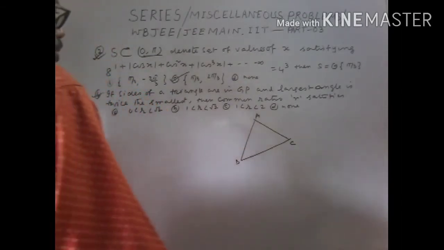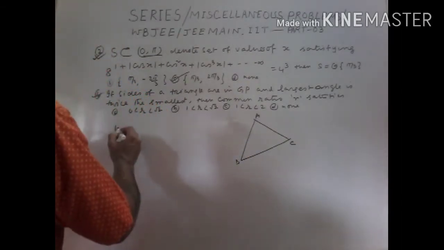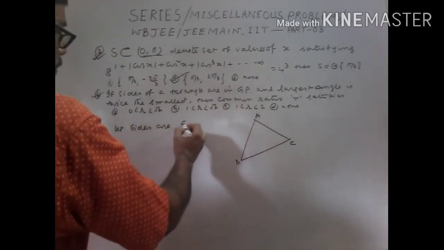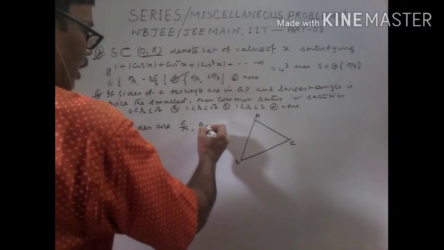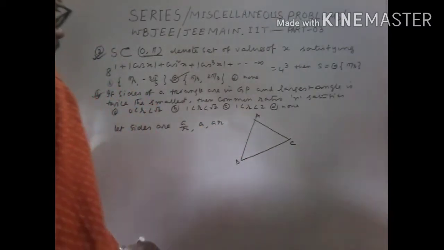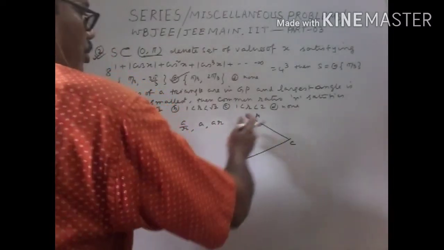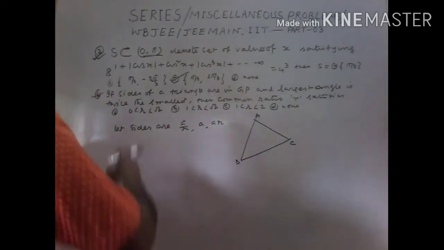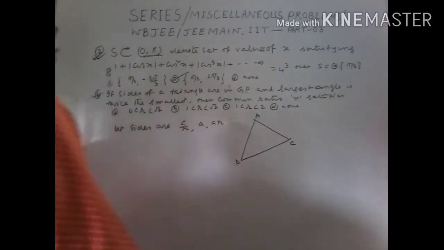Let the sides of triangle ABC be in GP, so a by R, a, aR. The largest angle is twice the smallest angle.